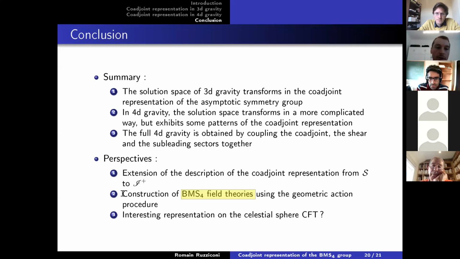And in the case, for example, of 3D gravity, when you use this geometric action construction, which is based on the Coadjoint representation, you can actually show that it reproduces the Hamiltonian reduction of Hainaut-Coussart. So this produced some nice results in this direction. And we hope to be able to reproduce these results in 4 dimensions.